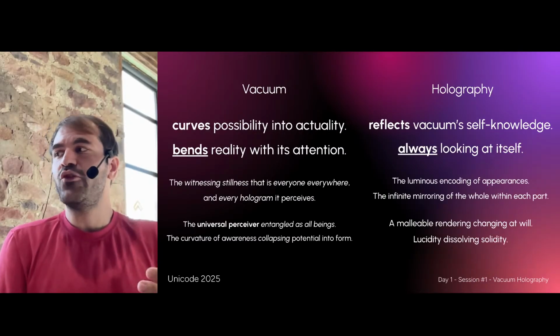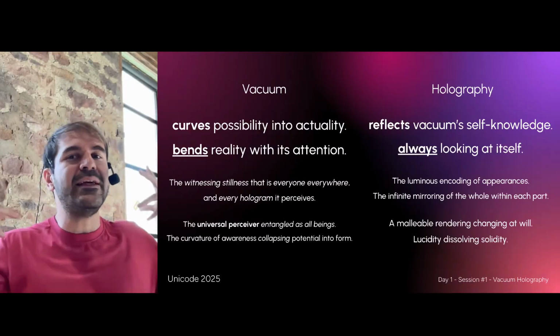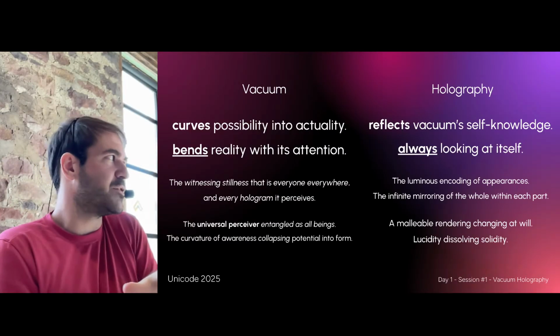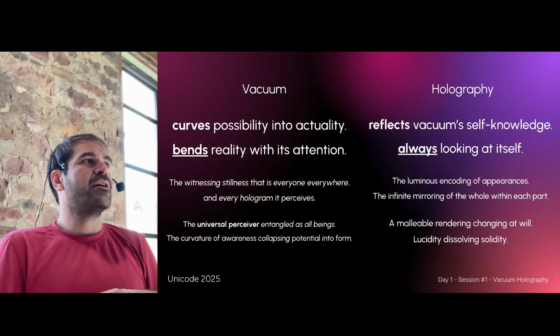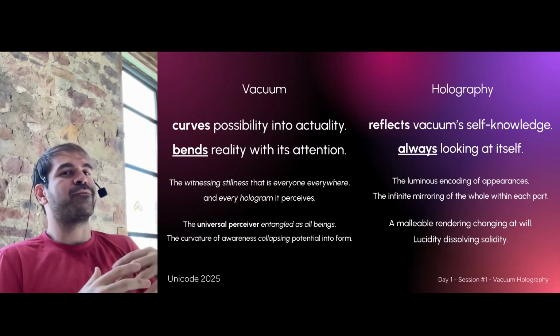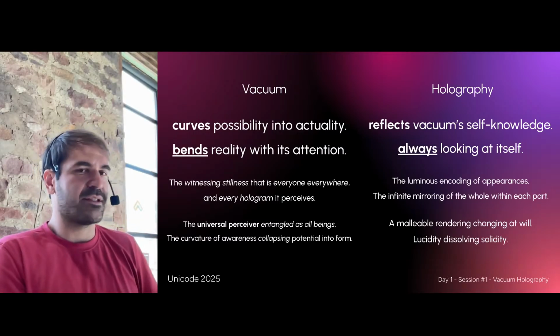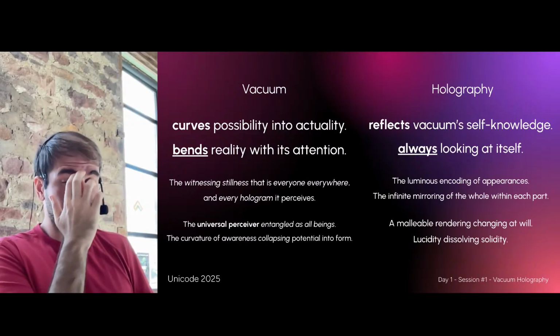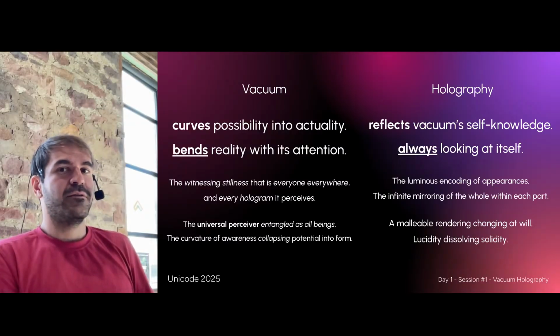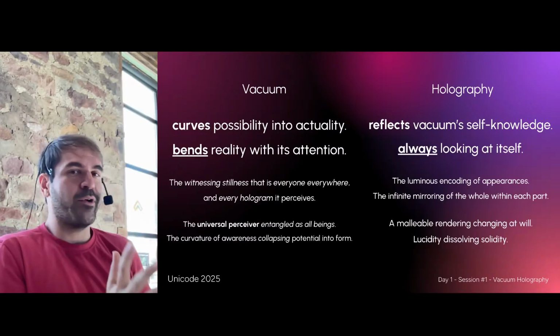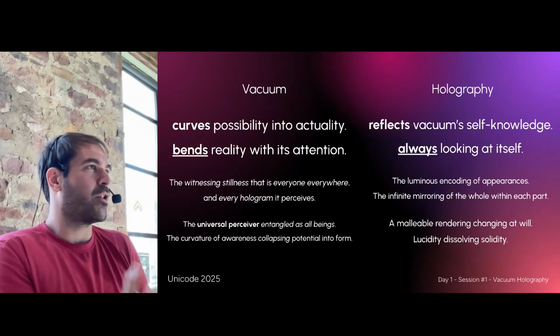So the vacuum curves possibility into actuality. It bends reality with its attention. So holography reflects the vacuum's self-knowledge, and it's always looking at itself. The vacuum is the witnessing stillness that is everyone everywhere and every hologram it's perceiving.